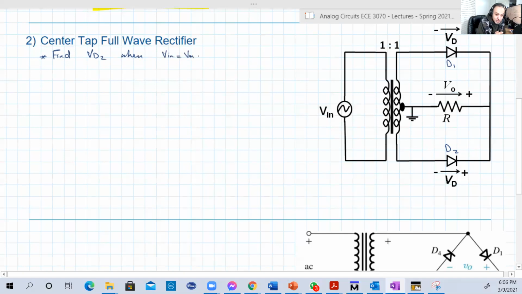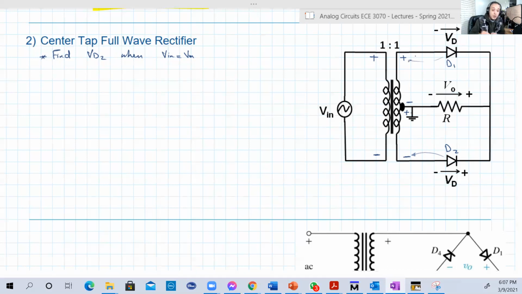Remember, in the positive half cycle, this is positive, this is negative. So again, here is positive, here is negative. The ground to the positive is negative, the ground to the negative is positive. Okay. So basically here, D2 is reverse because the B is closer to the minimum voltage in the circuit. And D1 is forward because its B is closer to the maximum voltage in the circuit.